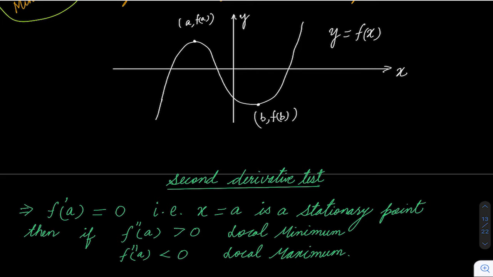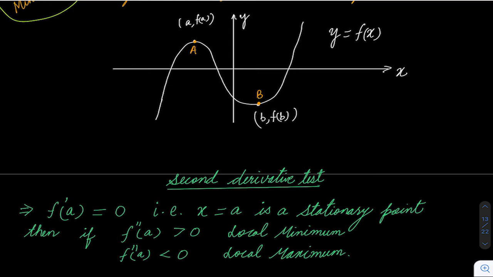Now consider this graph. Point A I am taking as a stationary point. This point B, B comma f of B, is also a stationary point. Point A is the highest value of y in the neighborhood.